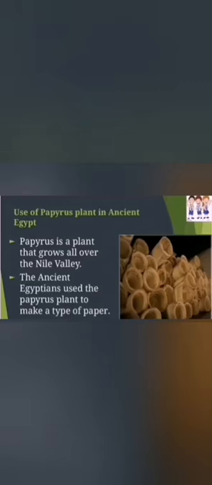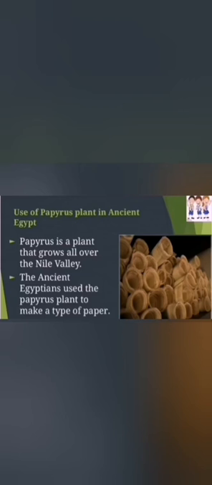So class, now what can you see in this picture? Yes, you are right. This is the papyrus plant. We discussed the papyrus plant in our previous lesson. Now let us discuss it again. What is the use of the papyrus plant in ancient Egypt?